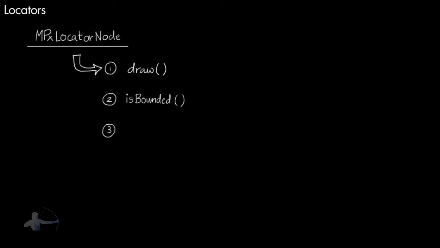And to define the bounding box, we get the function boundingBox. And to define our custom shape and the bounding box, we would override these functions that come with the MPxLocatorNode. And we will write our own code to draw and define the bounding box.